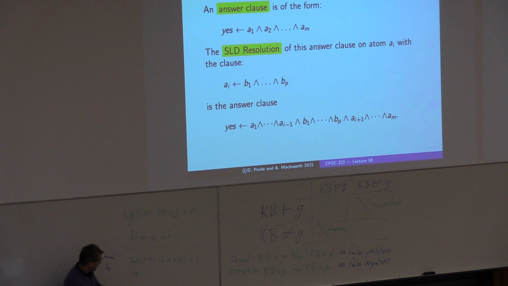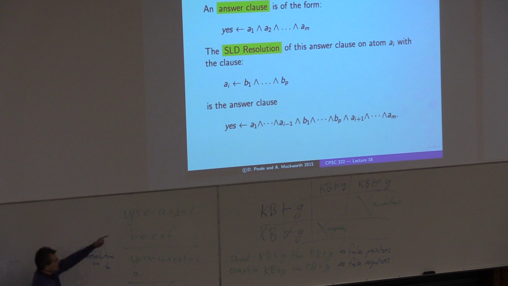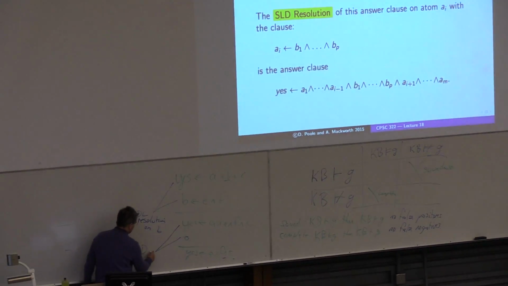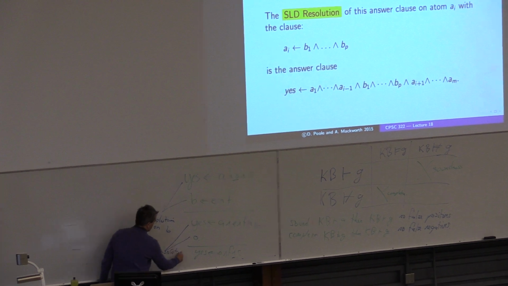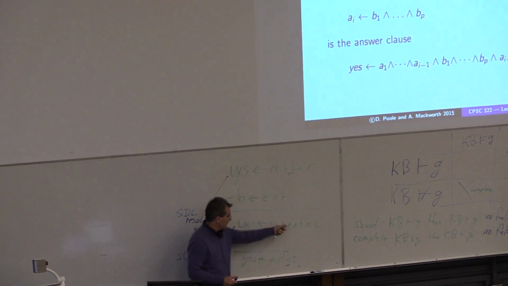If we just had A by itself, we can resolve this against A and just get yes if E and F and C. Okay, so this is just a special case when m is 0. So this is the SLD resolution of these two. The SLD resolution on A replaces A in here with the body, so it gets rid of it.